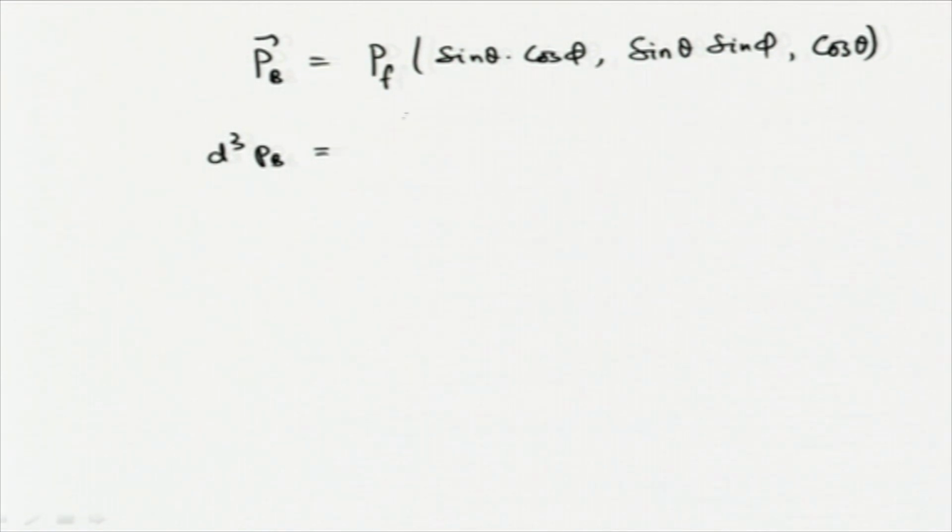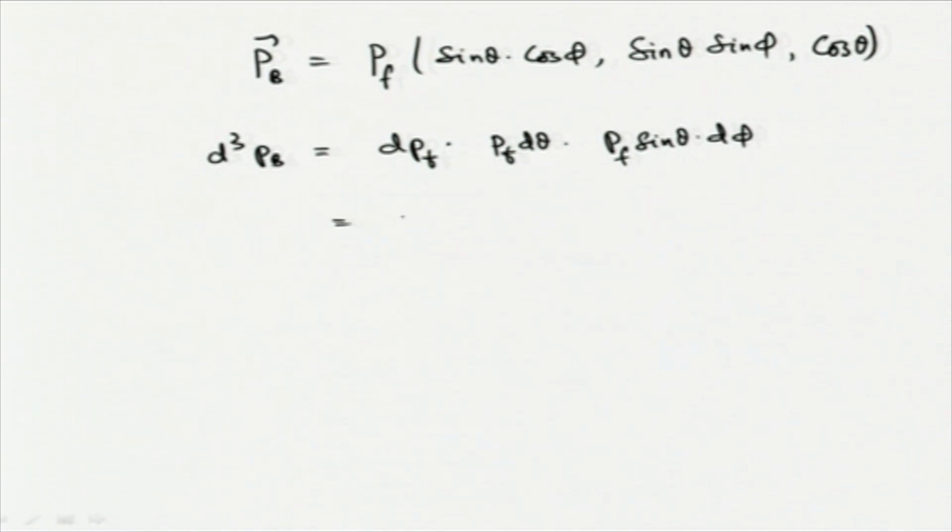When you vary the radial part, P F, you have d P F, and when you change theta by d theta, then you have P F d theta, and for the azimuthal case you have P F sin theta d phi. This is basically similar to the normal volume element in r theta phi coordinates.